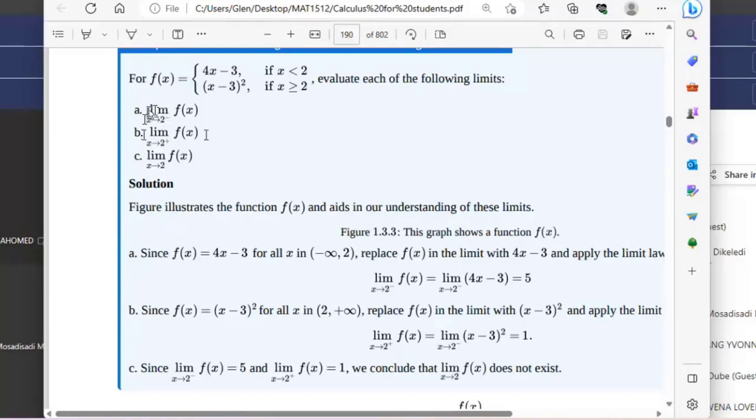Once we realize that by observation, this is what we do. We calculate the limit from the left, also calculate the limit from the right. Then, if these two limits are equal, meaning we are getting the very same answer, that means the limit of f of x does exist when x approaches that number.